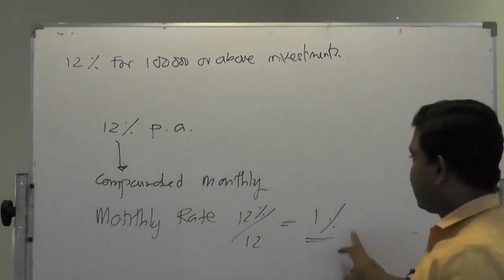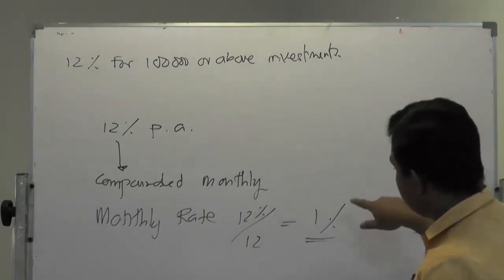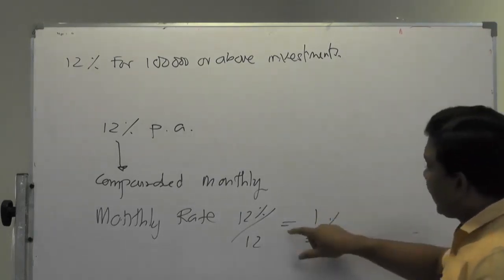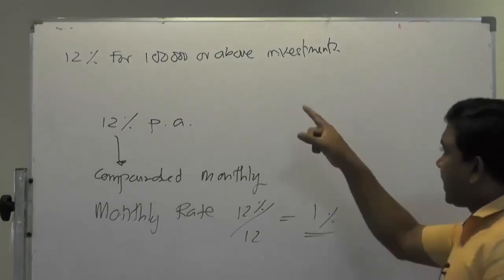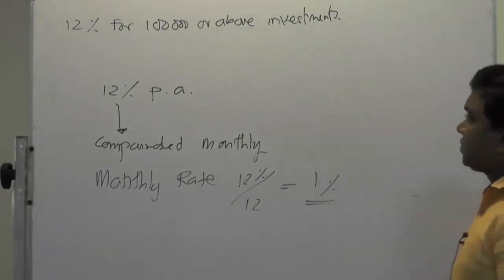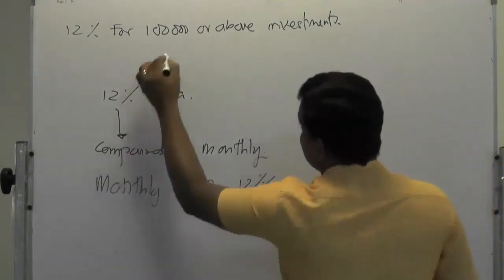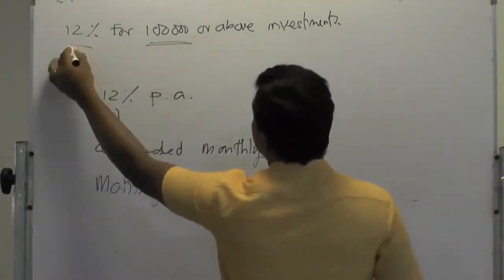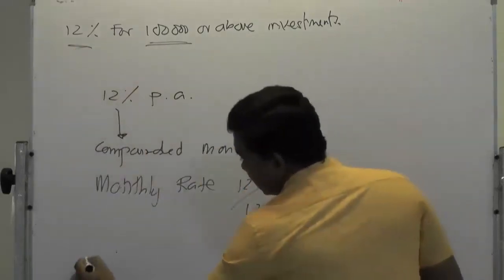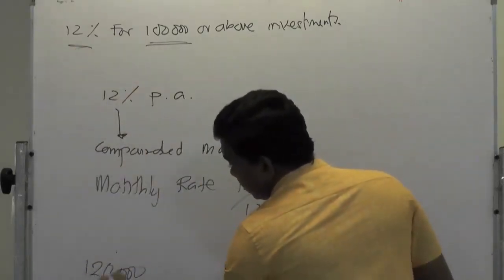Under the 1%, you can calculate the total amount you can receive after 1 year once you deposit 100,000, like this. Now, for 100,000 or above, you have 12%. Now, they have invested 120,000 according to the question.